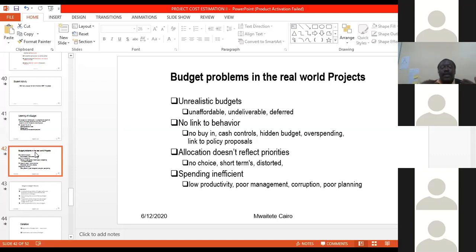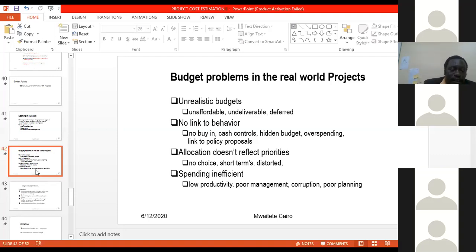So your role in a project is to predict, but when you are predicting, you go back and link your activities, your work breakdown structures, your project scope, as we said. That is the area where you need to dwell much of the time.